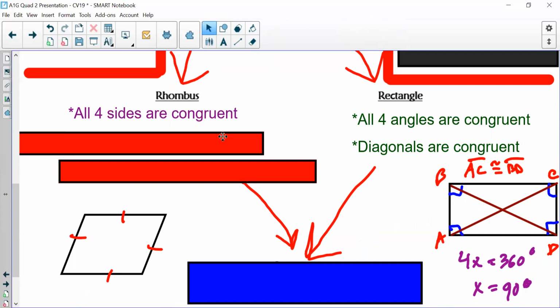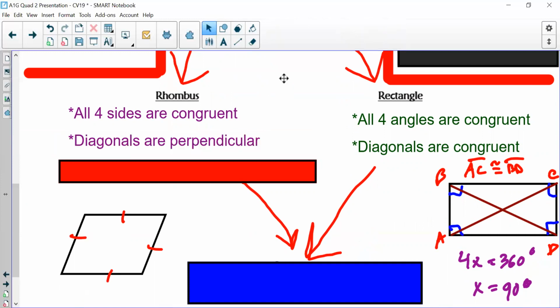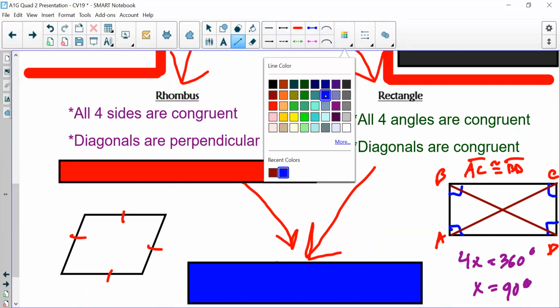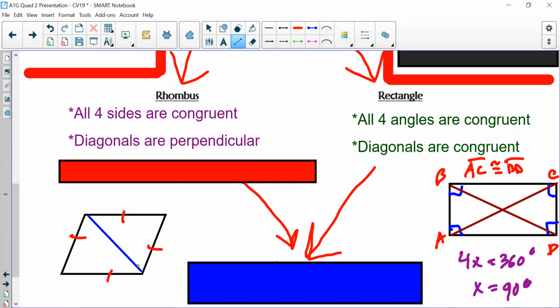The next property is the diagonals are perpendicular. So if we were to draw in the diagonals, they are perpendicular, which is another way of saying they intersect at a right angle. So really we've got four right triangles created by those two diagonals of the rhombus.